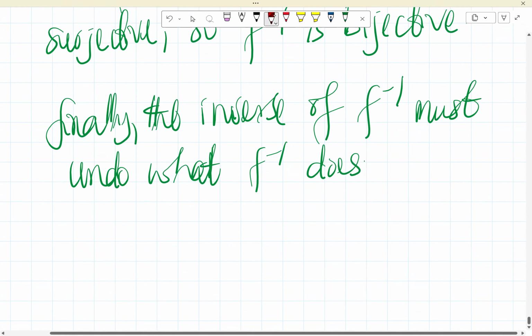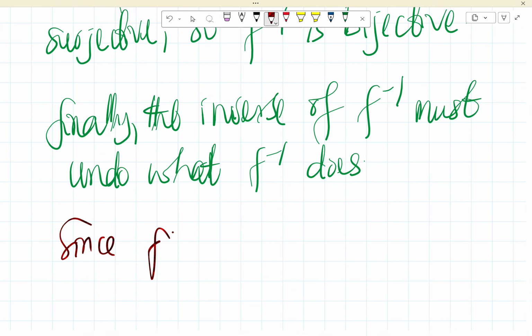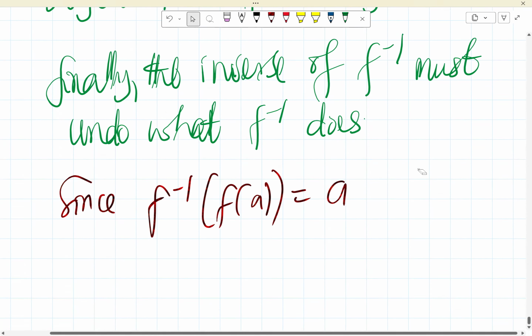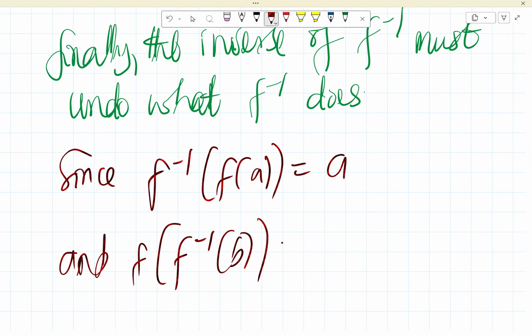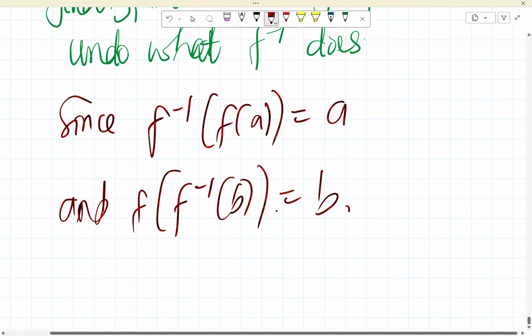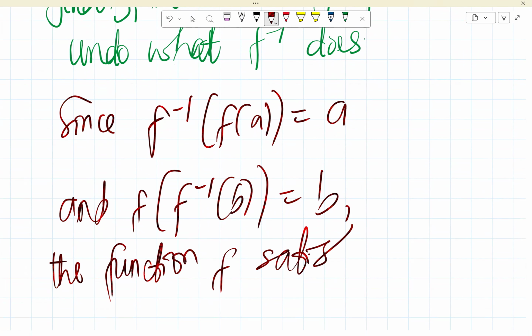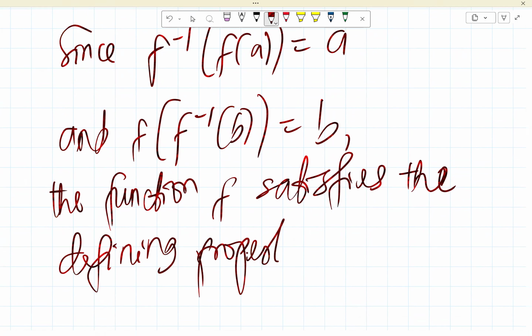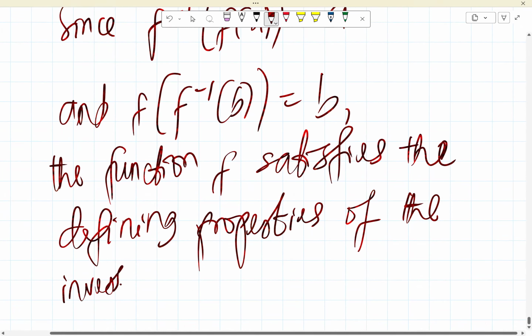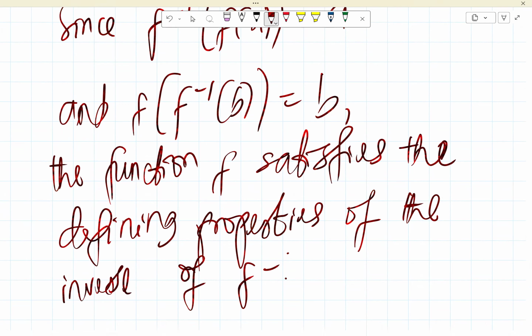So then, since F inverse of F of a is equal to a and F of F inverse of b is equal to b, then the function F satisfies the defining properties of the inverse of F inverse.